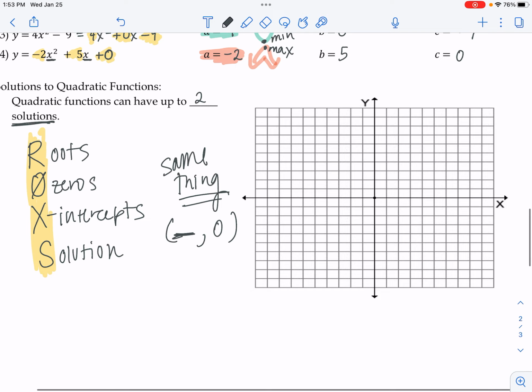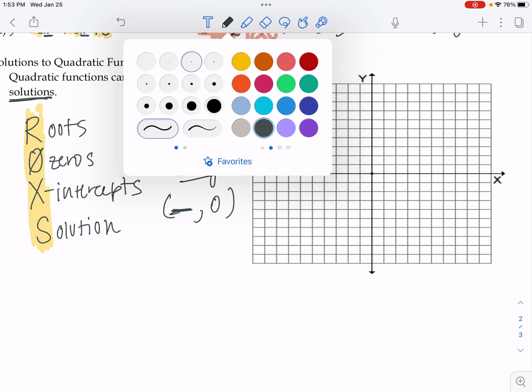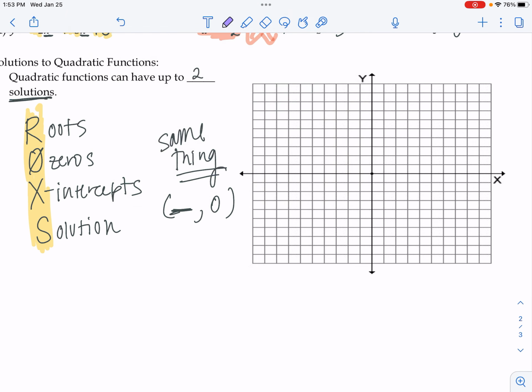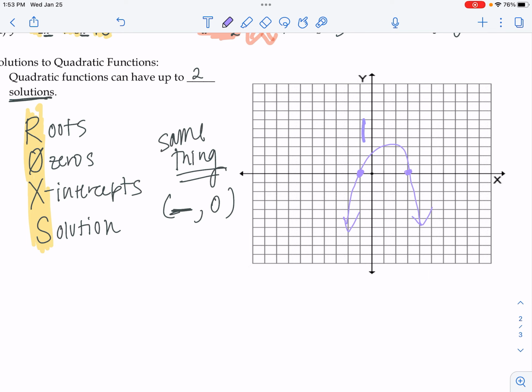And so with parabolas, we can have up to 2 x-intercepts because it makes a U shape. And so, for example, if my graph, I'm just picking random points, looks like this, it has 2 solutions or 2 x-intercepts. In some cases, we may have a graph with the vertex that is the x-intercept.